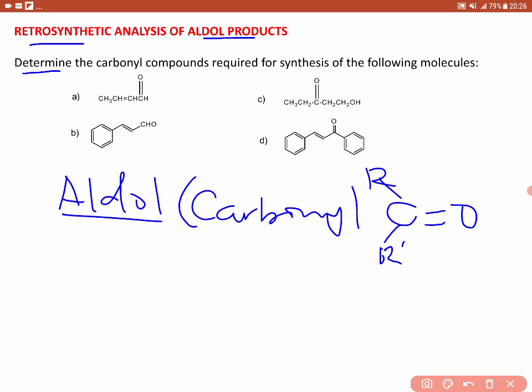So this is an addition reaction that takes place mainly in aldehydes and ketones.